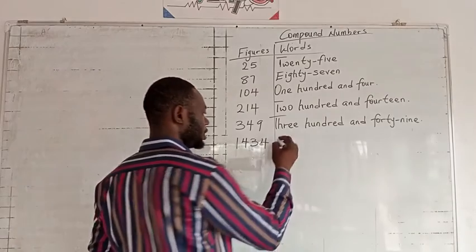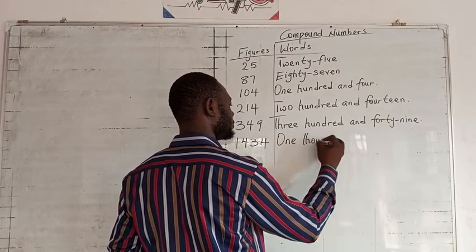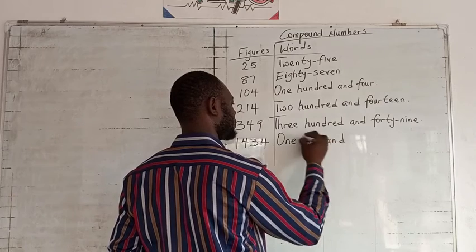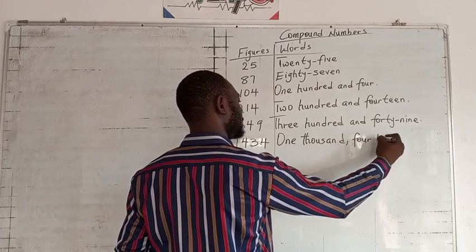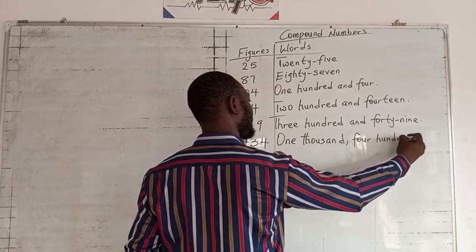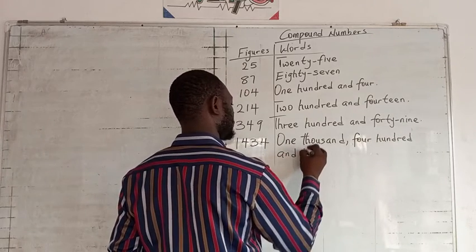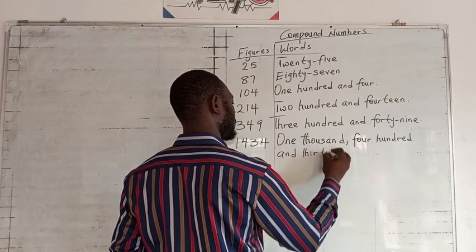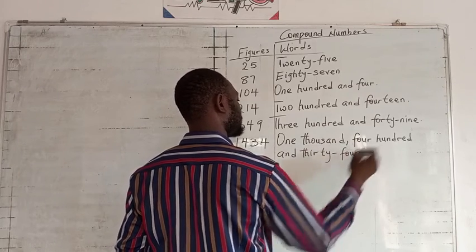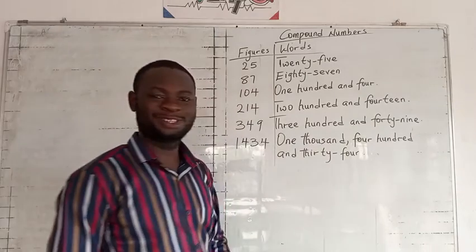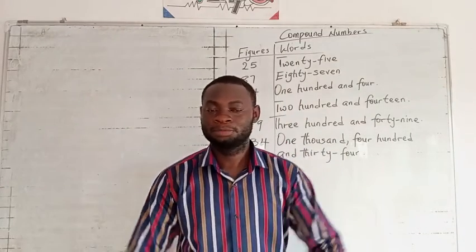So this is spelled as 1,000, comma, 400 and 34. So these are the compound numbers.